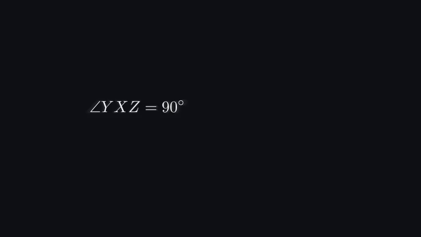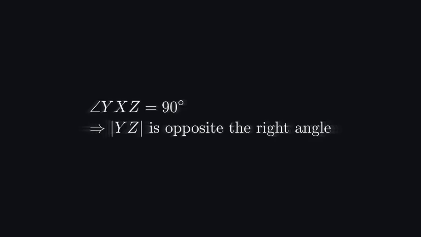Angle YXZ equals 90 degrees. Implies length of YZ is opposite the right angle. Implies length of YZ is the hypotenuse.